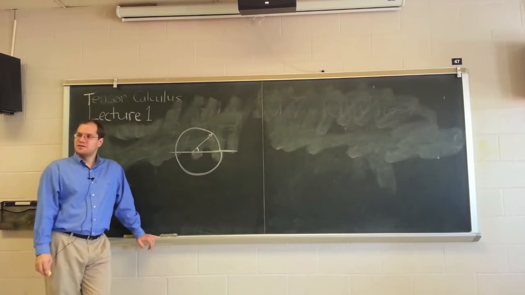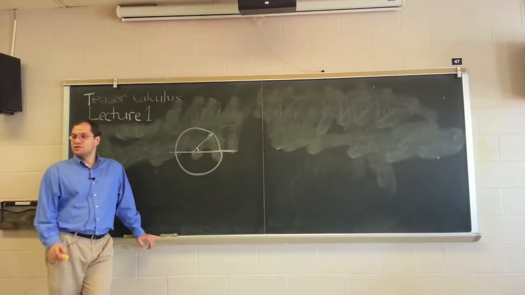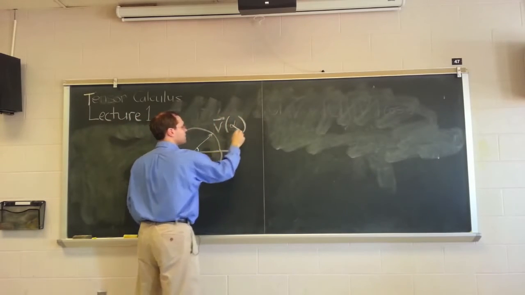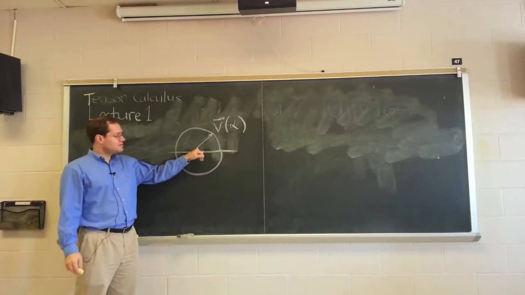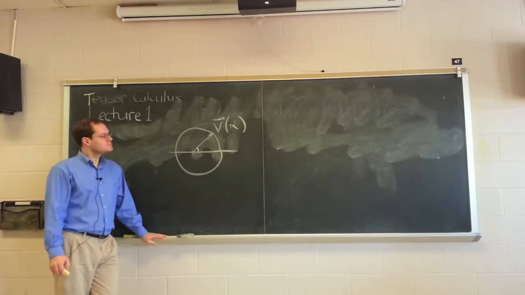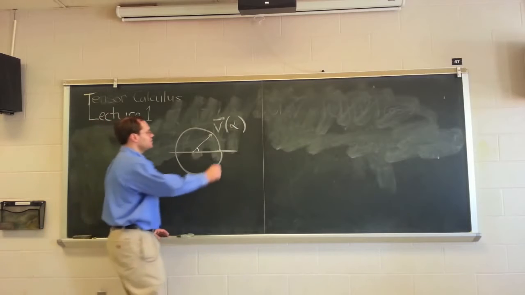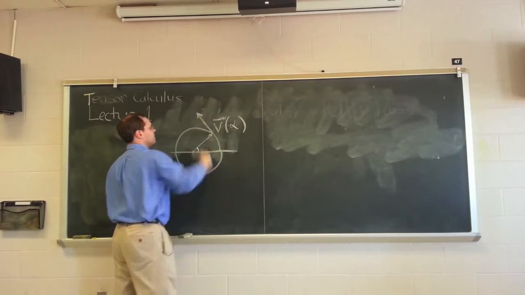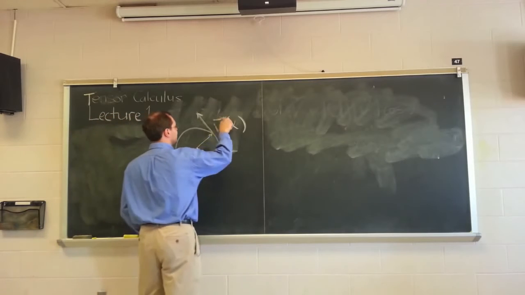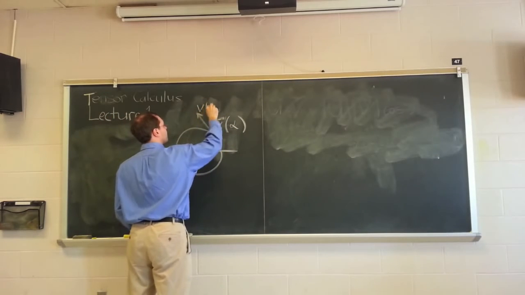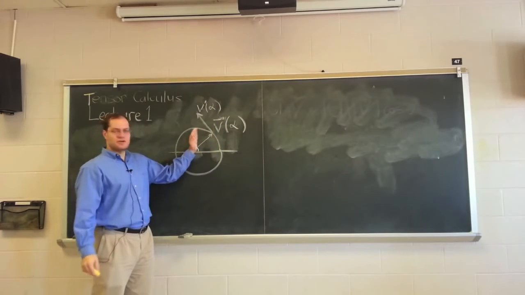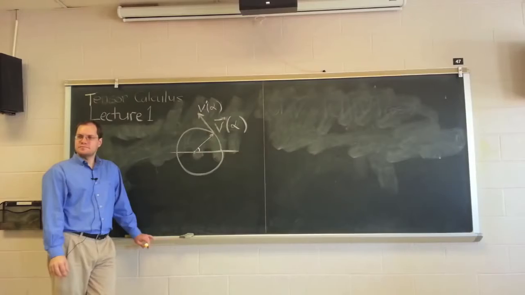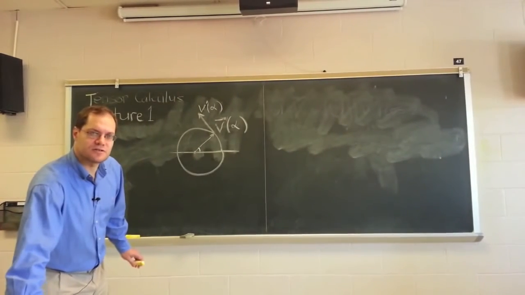And there was a short discussion that used a little bit of trigonometry, but it showed that if we call this v of alpha, where alpha is literally the angle with some arbitrarily chosen line, then the derivative v prime of alpha was a vector orthogonal to v of alpha and of the same length. In our example, it was of unit length, in the example in the book. So v of alpha goes around in a circle, and v prime of alpha is a vector orthogonal to v of alpha that also rotates around the circle.